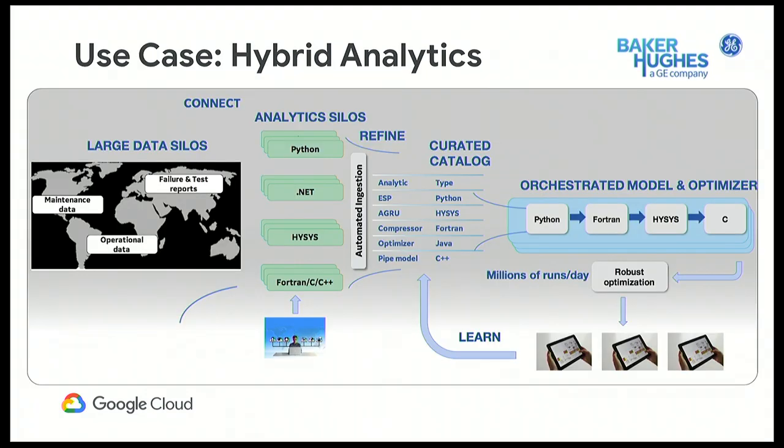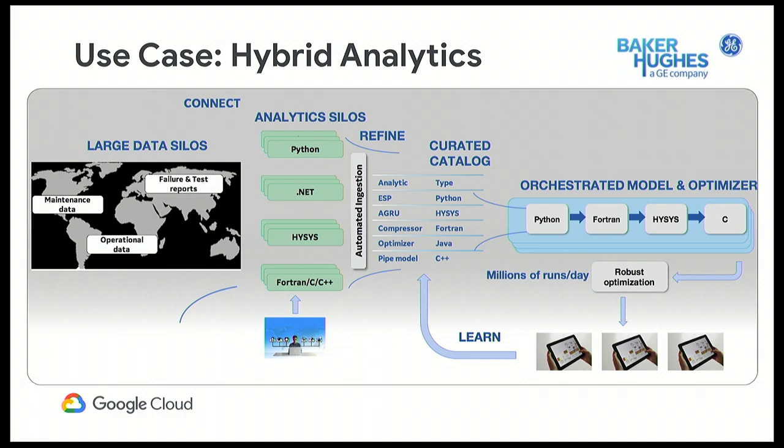Traditionally, the oil and gas industry has been a data-rich industry, but that data is spread around the business in silos. There is a huge variety of code and technologies that have been used in the industry over the past 30 years.